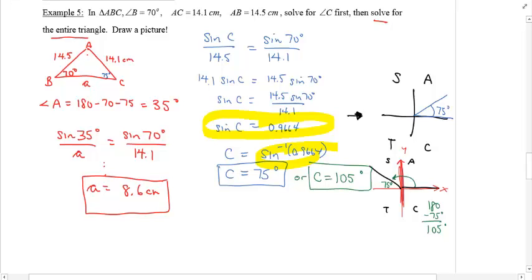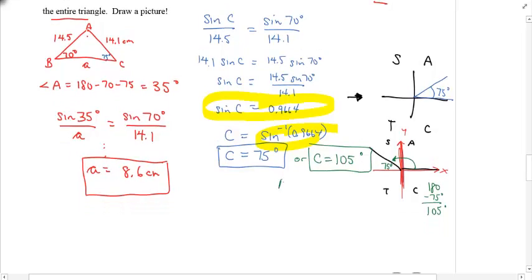In this example, there are actually two different triangles that you can draw based on this scenario of information. How can it be 105? Well, let me try to draw it for you here. Once again, we have A, B, and this is 70, and this is 14.5. And remember before we had the side like this, 14.1? Well, we're going to take this side here, cross it out, and swing it over here.